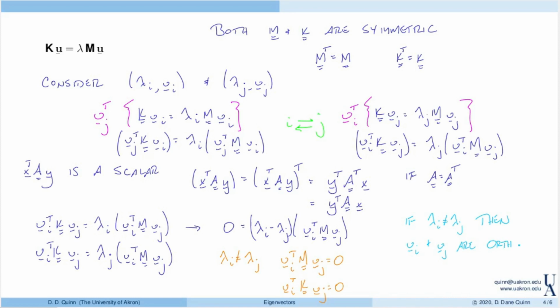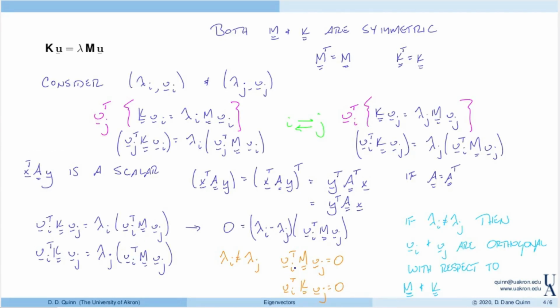Or in some sense perpendicular, with respect to m and k, right? So with respect to m, or k. So this is going to be a really useful property for us.